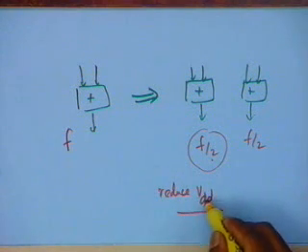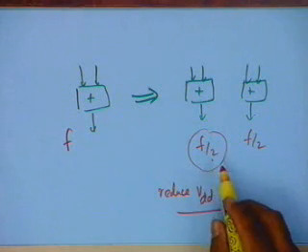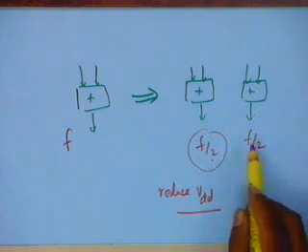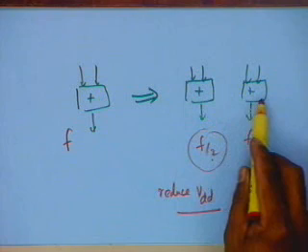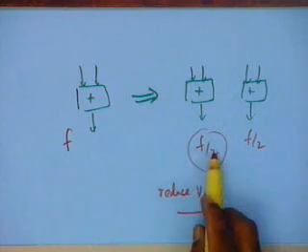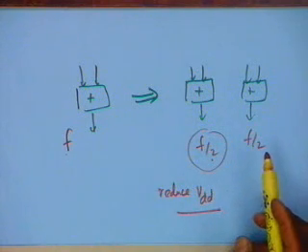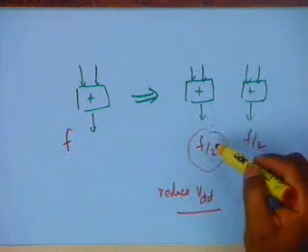Of course, otherwise f by 2 would not have helped, because now I have to take the power for both the adders.